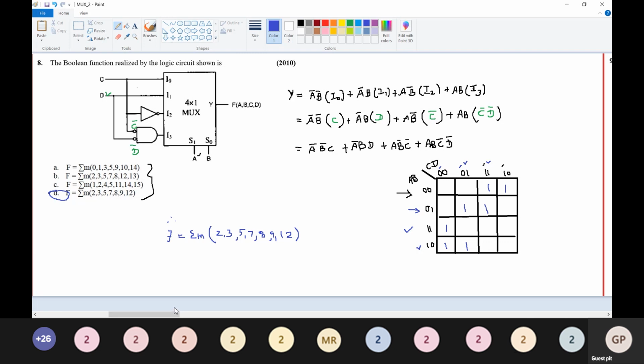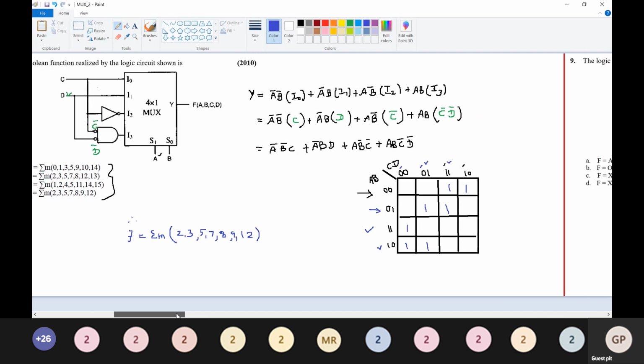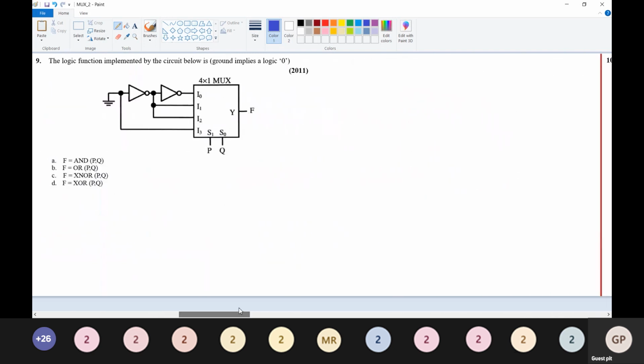We'll move to the next question. In the next question, the logic function implemented by the circuit below is. You have to find what is the logic function implemented by this 4:1 multiplexer, where ground implies a logic 0.